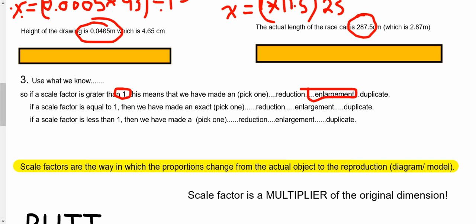If the scale factor is equal to 1, then we've made an exact, pick one, duplicate. A duplicate is exactly like the other one, like a Xerox copy. And if a scale factor is less than 1, we have made a reduction.